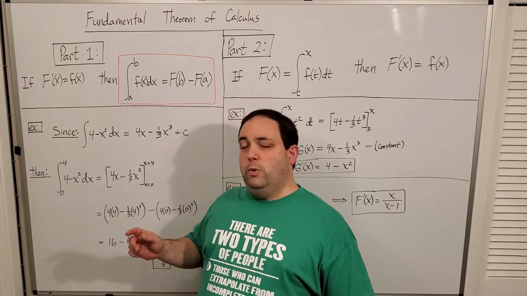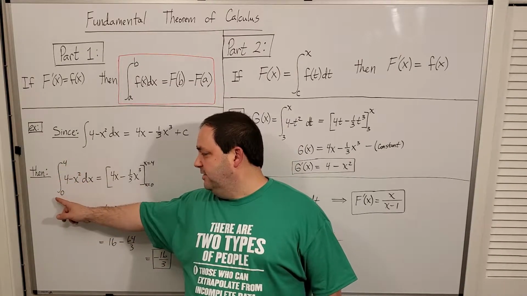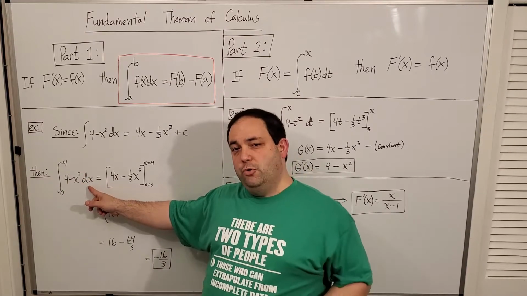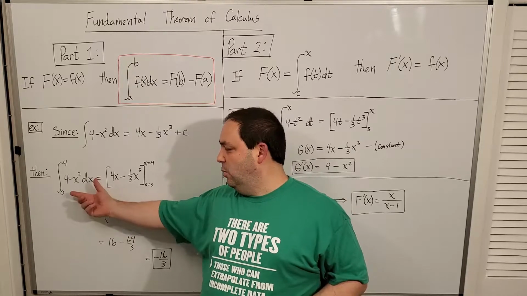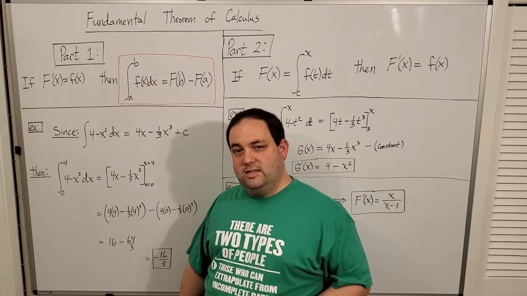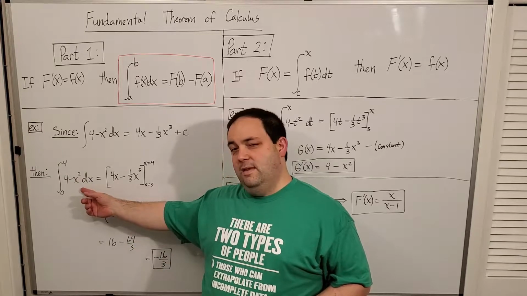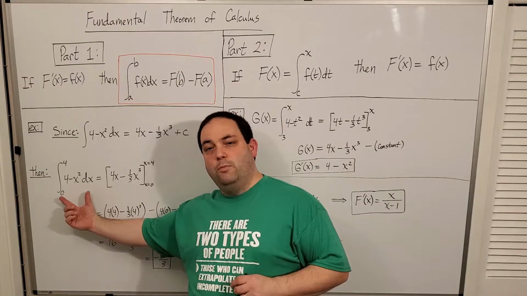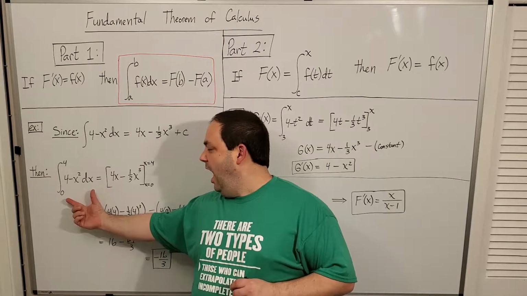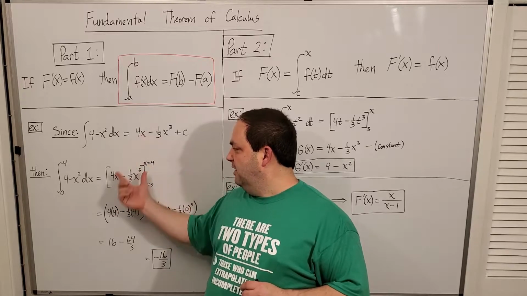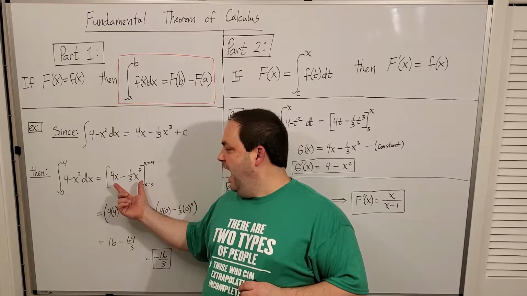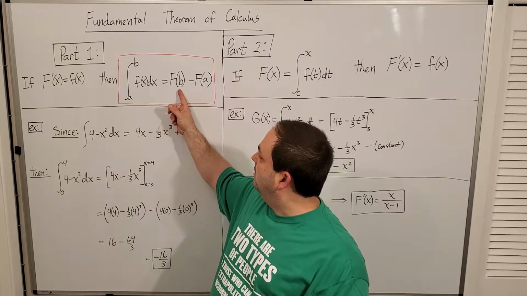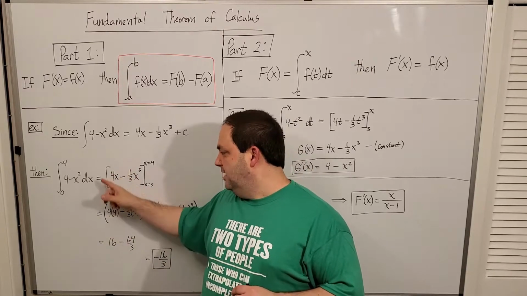Then, what we say is the definite integral from 0 to 4 of 4 minus x squared dx, I'm hoping you're recognizing this one, right? This is the one we used a bunch in the last lecture or two, okay? Now, instead of doing the limits of the summations to perform this definite integral, I simply find the antiderivative, which we just did, and then we symbolize evaluating it between the top and the bottom values with these brackets.